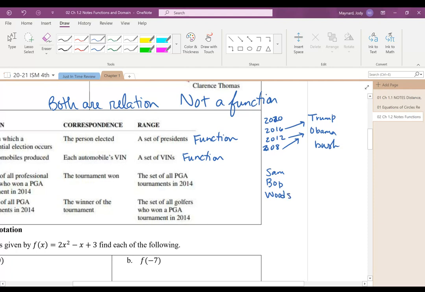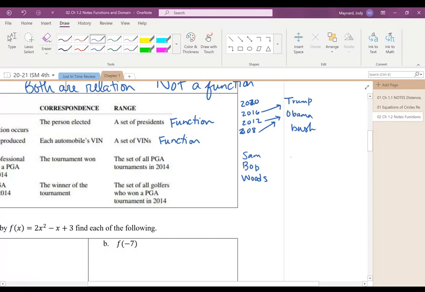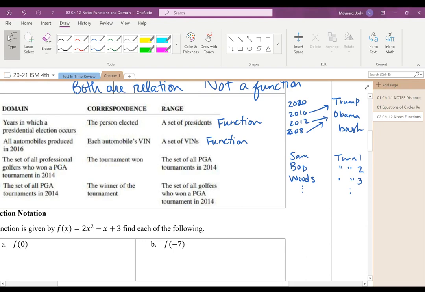So the set of all PGA golf tournaments. So we have tournament 1, 2, and 3. And then, of course, they do keep going. We have more than just 3 tournaments and more than just 3 golfers. But is each golfer only going to win one tournament? So Sam would win one tournament, Bob would win one tournament, and Tiger Woods would win one tournament.